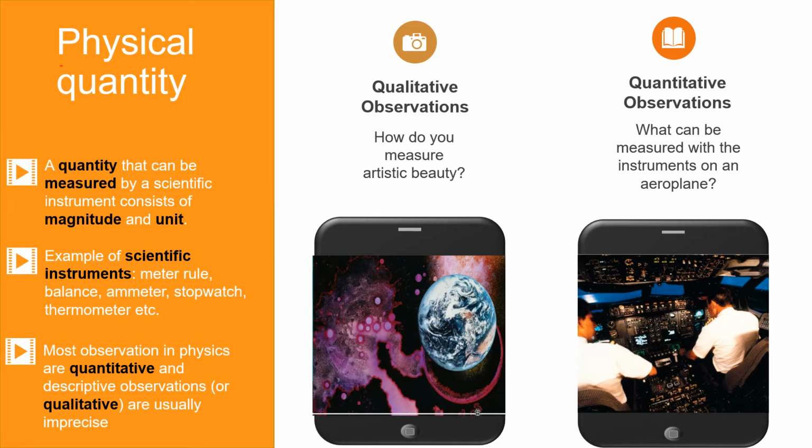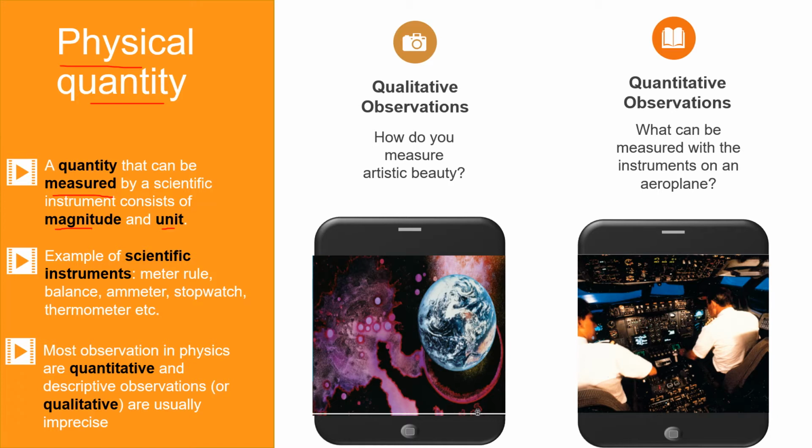So the next part is the physical quantity. So physical quantity is a quantity that can be measured by a scientific instrument, consists of magnitude and unit. So something yang kita boleh ukur menggunakan scientific instrument seperti baris, okay, meter rule, balance, ammeter, stopwatch and thermometer.